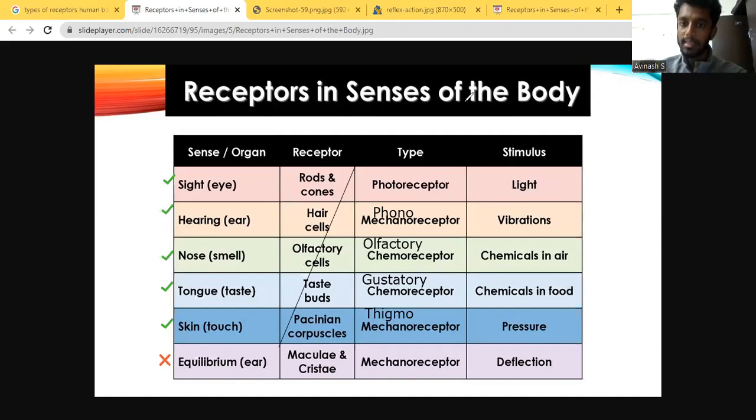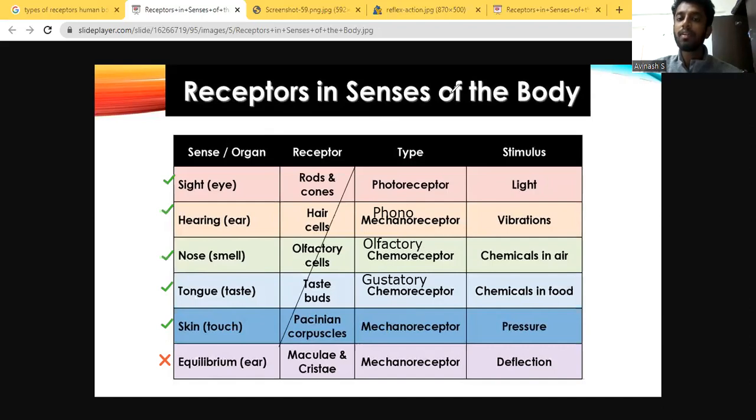The third column has the type of receptor. We call it photo, phono, olfactory, gustatory, and thigmo. Photoreceptor is the nerve ending of a neuron which captures light. Phono captures sound, olfactory captures smell, gustatory captures taste, and thigmo or mechano captures the feeling of touch.